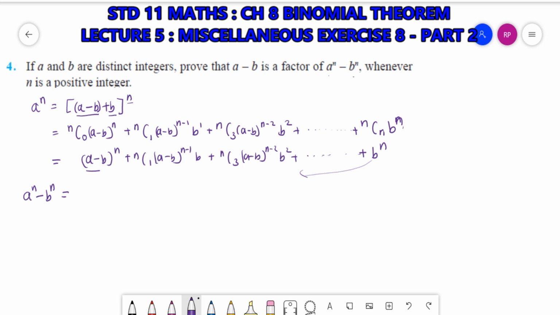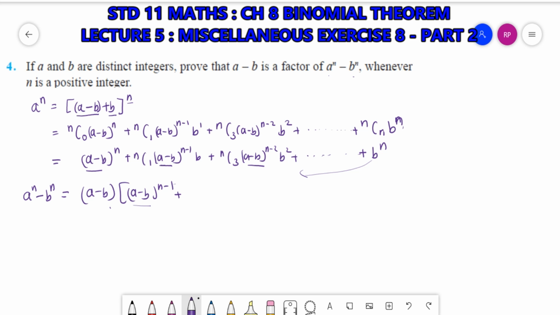Now see, in every term, I can take a minus b common. Here it's a minus b raised to n, so a minus b raised to n minus 1 multiplied by a minus b raised to 1, so n minus 1 plus 1, a minus b raised to n.